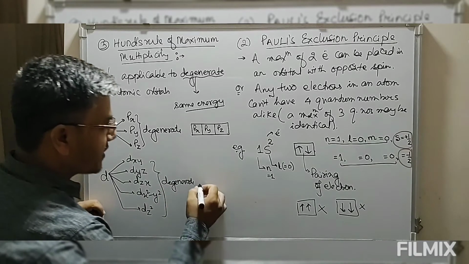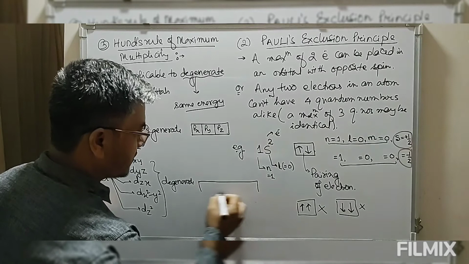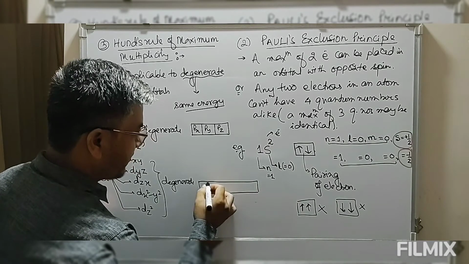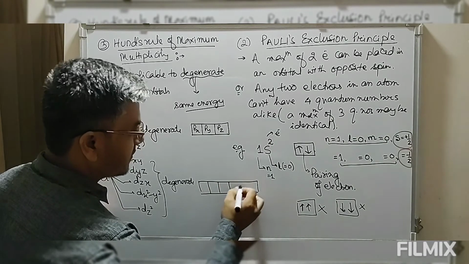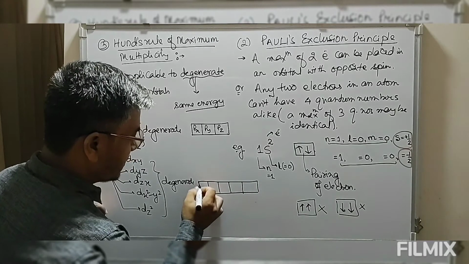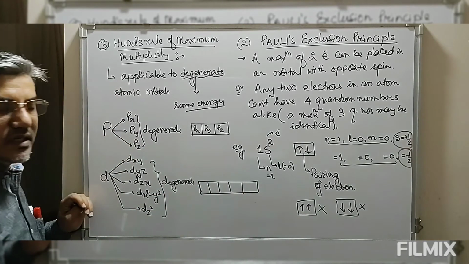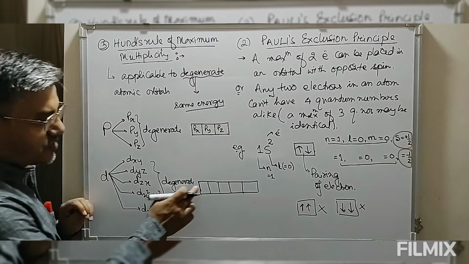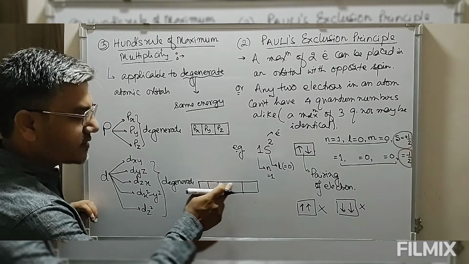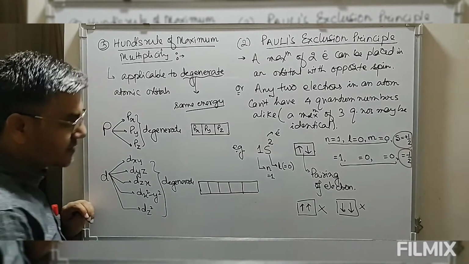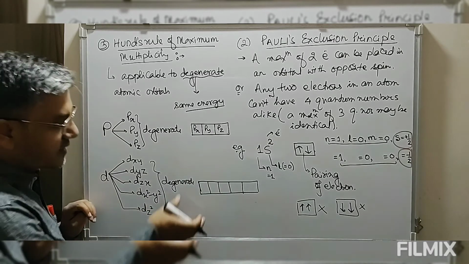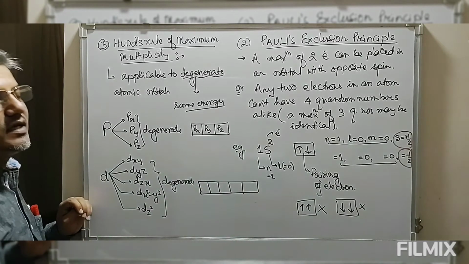So in a box diagram we can represent it this way. We have five orbitals, and these five orbitals have the same energy level. So this may be xy, yz, zx, x square minus y square, or dz square. This is just arbitrary; we are simply saying these five orbitals have the same energy.